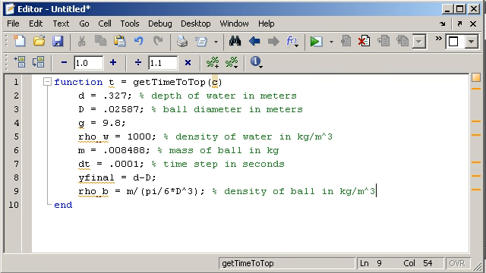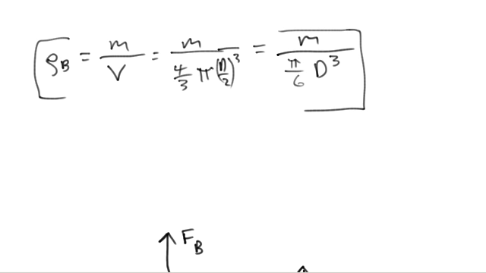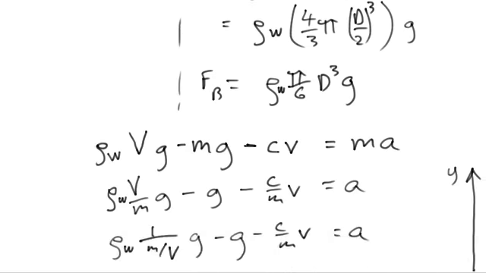Let's see if I copy that right. The mass divided by the quantity pi over 6 times d cubed. So that looks good. Alright, let's scroll down here.